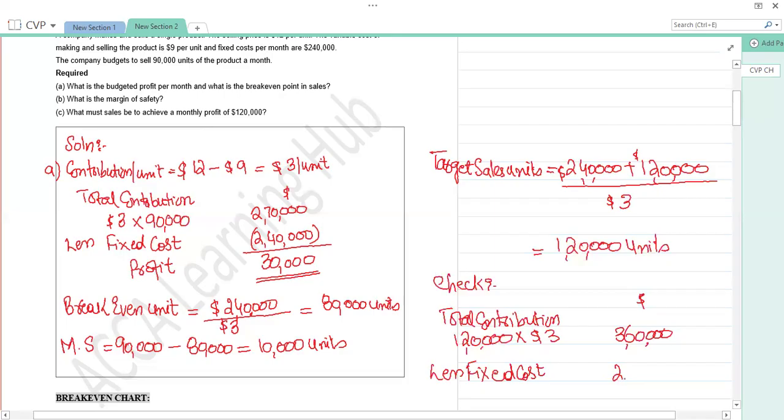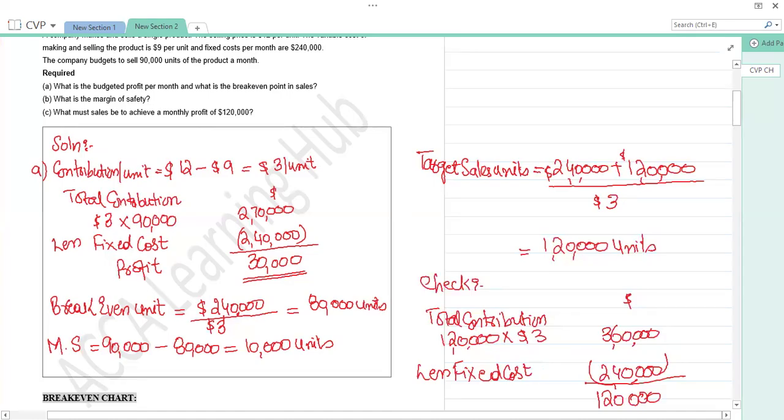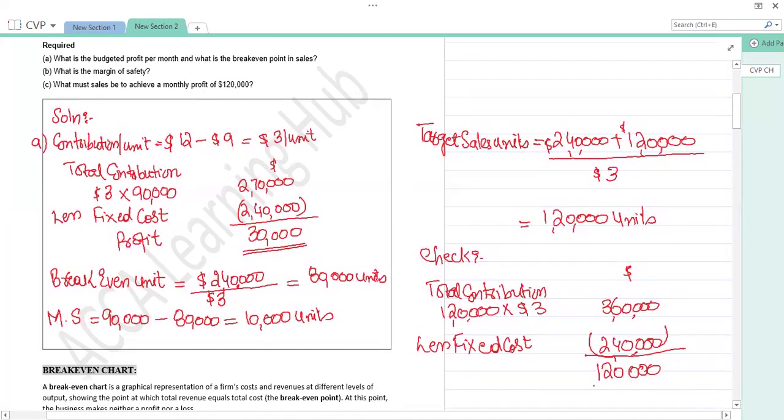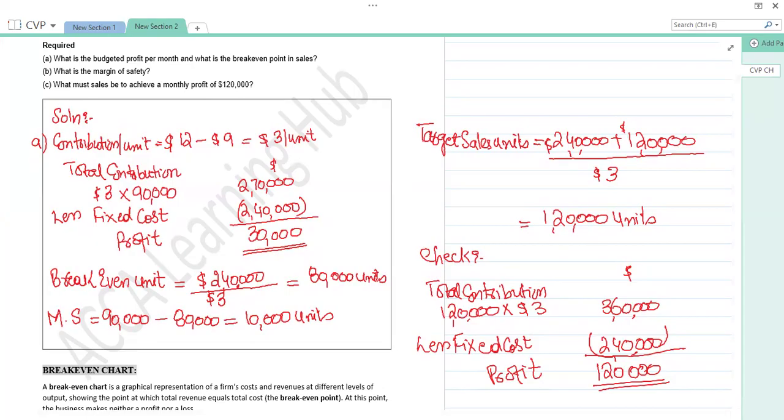Fixed cost is 2,40,000 and you will get your profit of 1,20,000. Okay, this is the revision of single product break-even point.